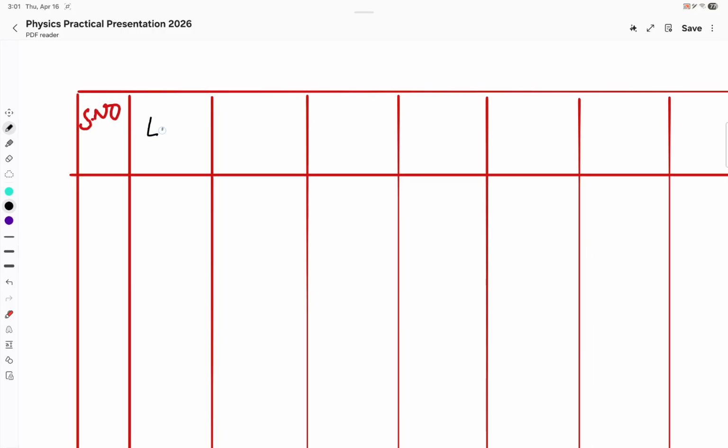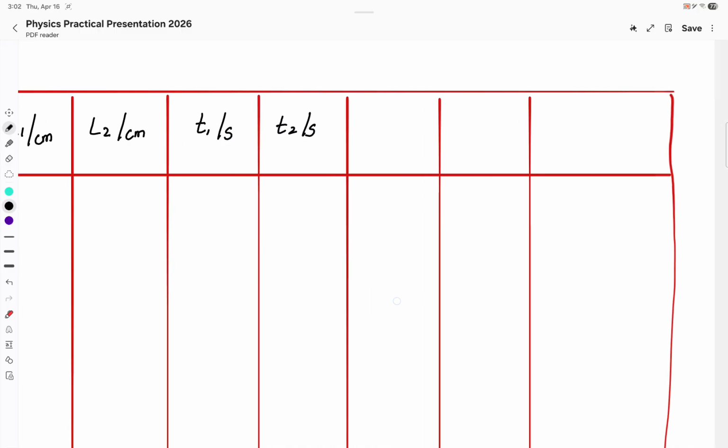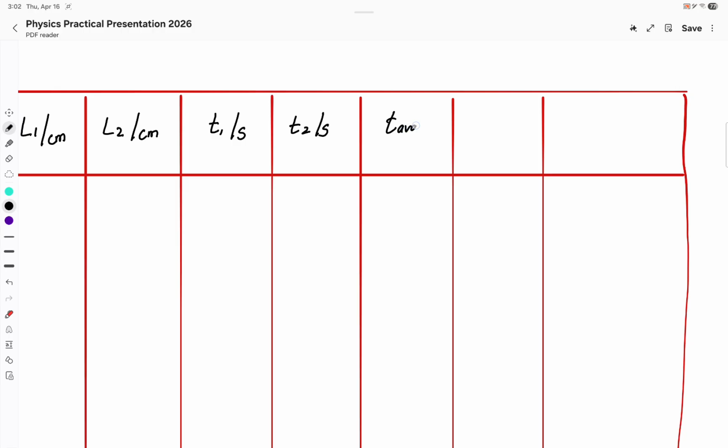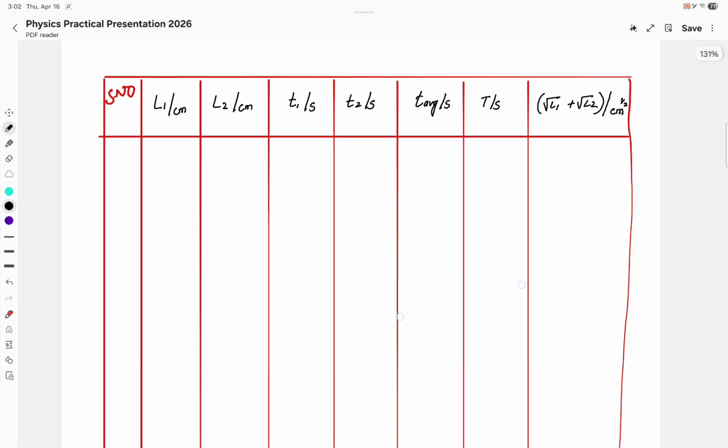So L1 centimeter, L2 centimeter, first attempt of time, second attempt of time at least, T average, capital T, and then under root L1 plus under root L2, and obviously its unit is centimeter power half because of the root sign.